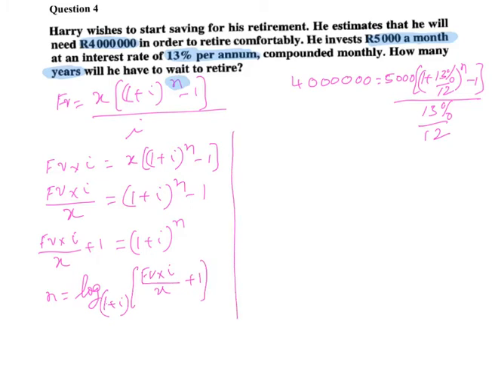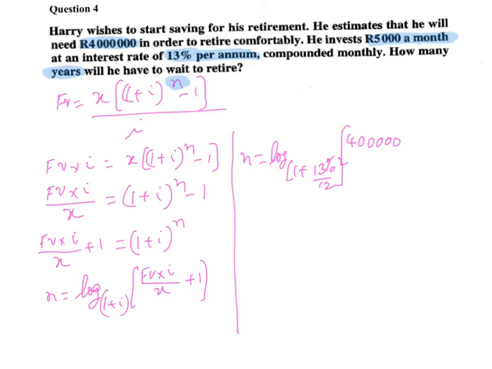Now I will do the substitution here. n is equal to logarithm of... 1 plus i, how much? i is 13% divided by 12. F is 4 million rands.